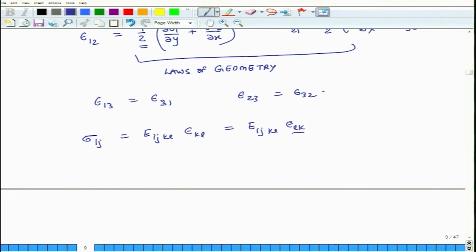And if that is the case, then I have to say that E ijKL is equal to E ijLK. Otherwise, this relation would not hold. Which means that we now get 6 different combinations, not 9.